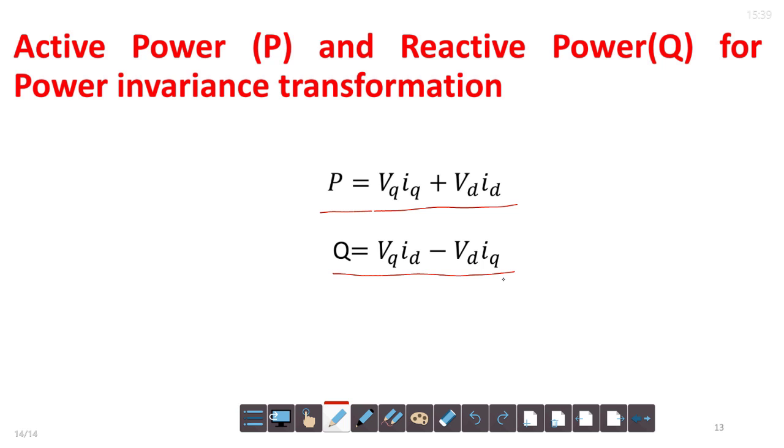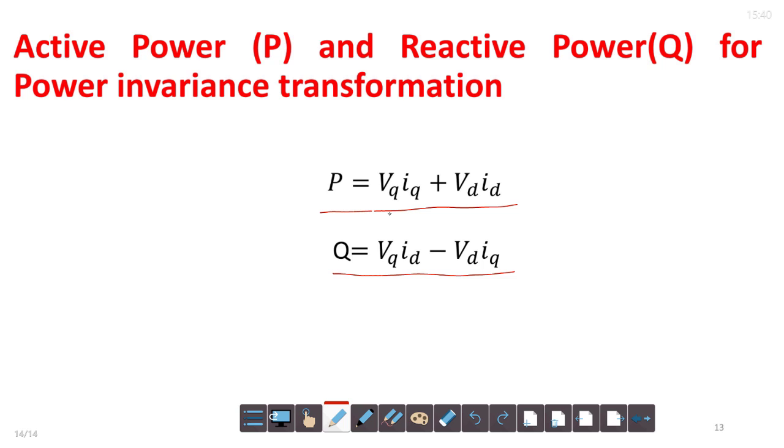This is the active and reactive power expressions in the power invariant transformation. You can see there is no multiplier; in the previous transformation we had multipliers of 2 by 3 in the transformation matrix. But in this case there is no multiplication in P and Q, as you can see.